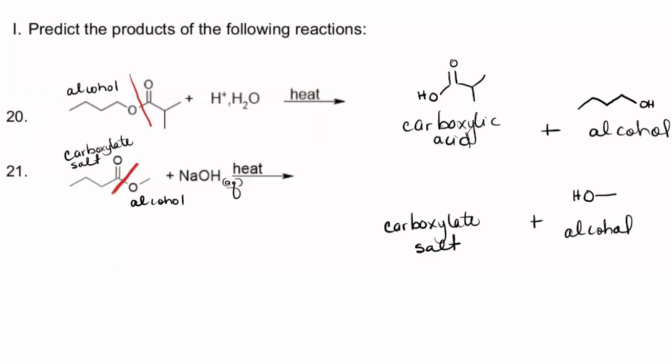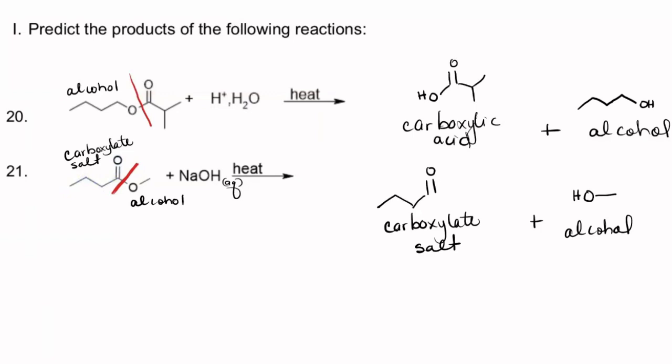The carboxylate salt is going to be where I take my double bond O, meaning this part of the molecule, and I draw 1 carbon, 2 carbons, 3 carbons.